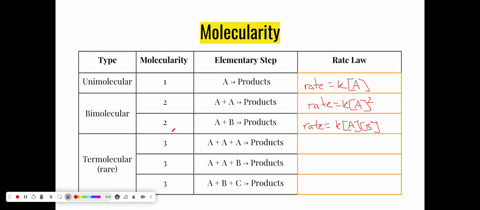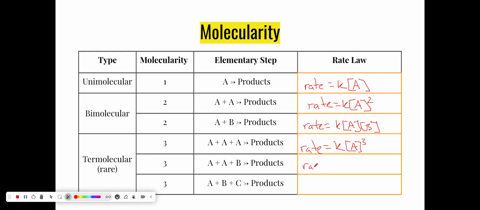Now we're moving into a territory where, like I said, termolecular is rare. It's unlikely to happen. The probability is low for 3 molecules to collide at the same time, all with proper orientation. So they're rare. But nonetheless, we can express them with the rate law. So we can have the rate is equal to the rate constant K times, and we have 1, 2, 3 A's, so we're going to raise the concentration of A to the third power.